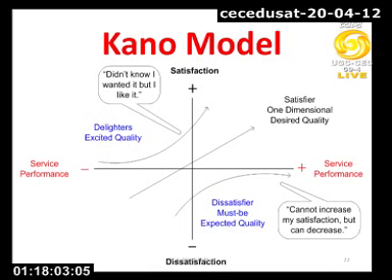If we concentrate on the first quadrant, where service level is positive and the satisfaction level is positive, we call them satisfier, one dimensional desired quality. And if we consider the same graph, positive value on the satisfaction side and negative value on the service performance side, we go to the second quadrant.